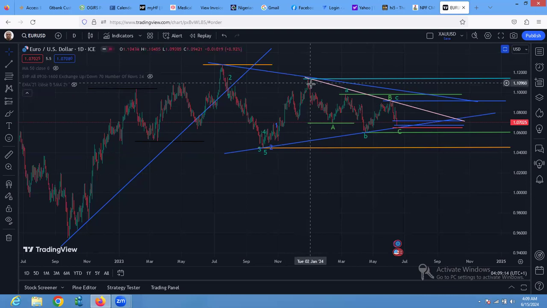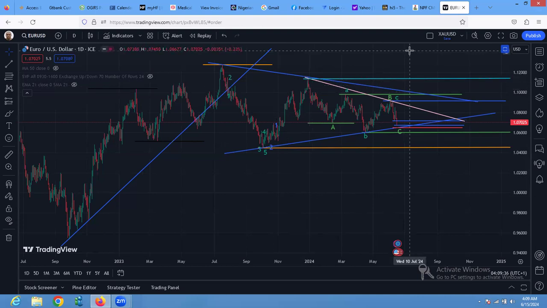So you may say, oh, this is A, B, C, or 1, 2, 3, 4, 5 of the triangle, and you are moving up. It can work for you like that. But for it to be a proper triangle, it should be taking this, and coming down and this. So I don't know about that.